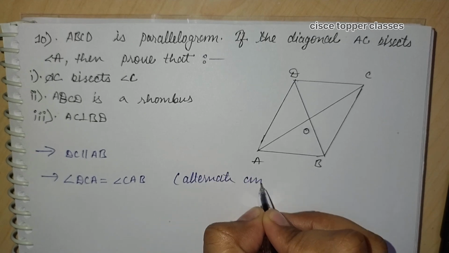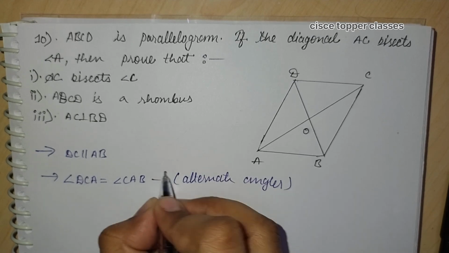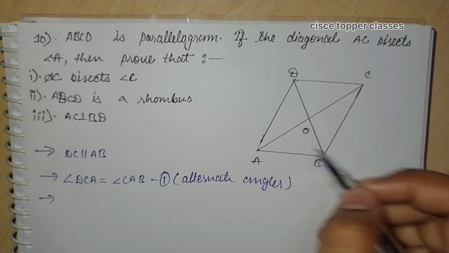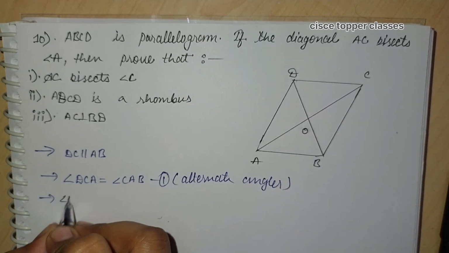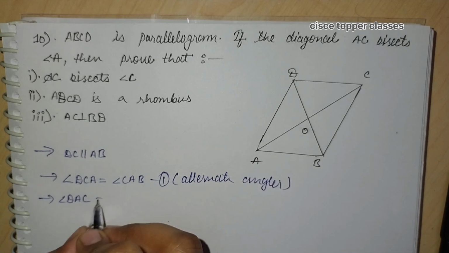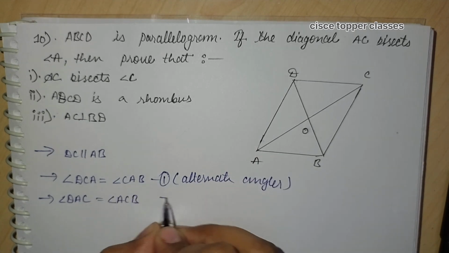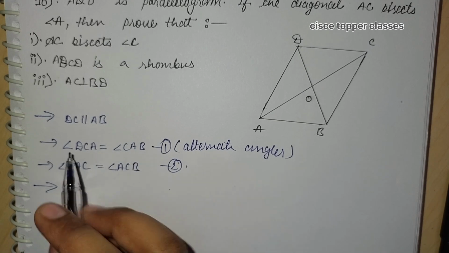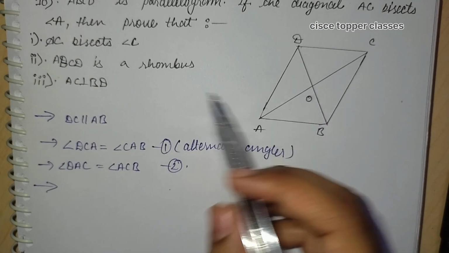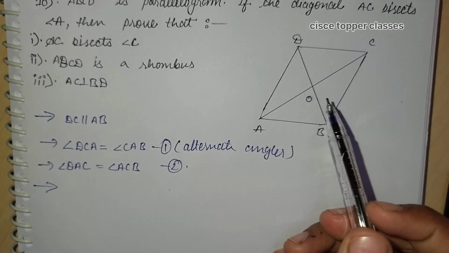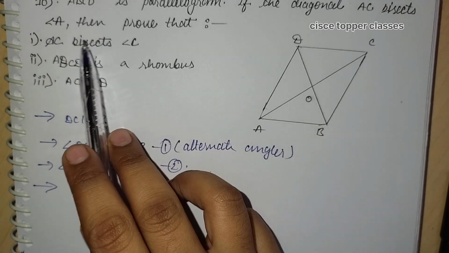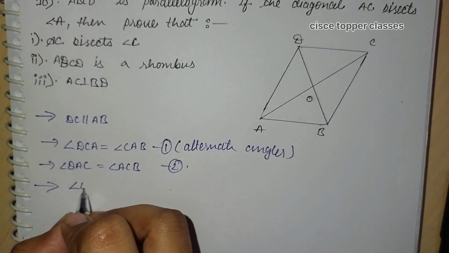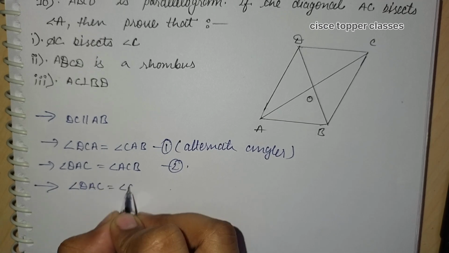Similarly, we can write the second part. This is the first part here. The second part: angle DAC is equal to angle ACB, as these are alternate angles. Now, it is given that AC bisects angle A, means angle DAC is equal to angle CAB.